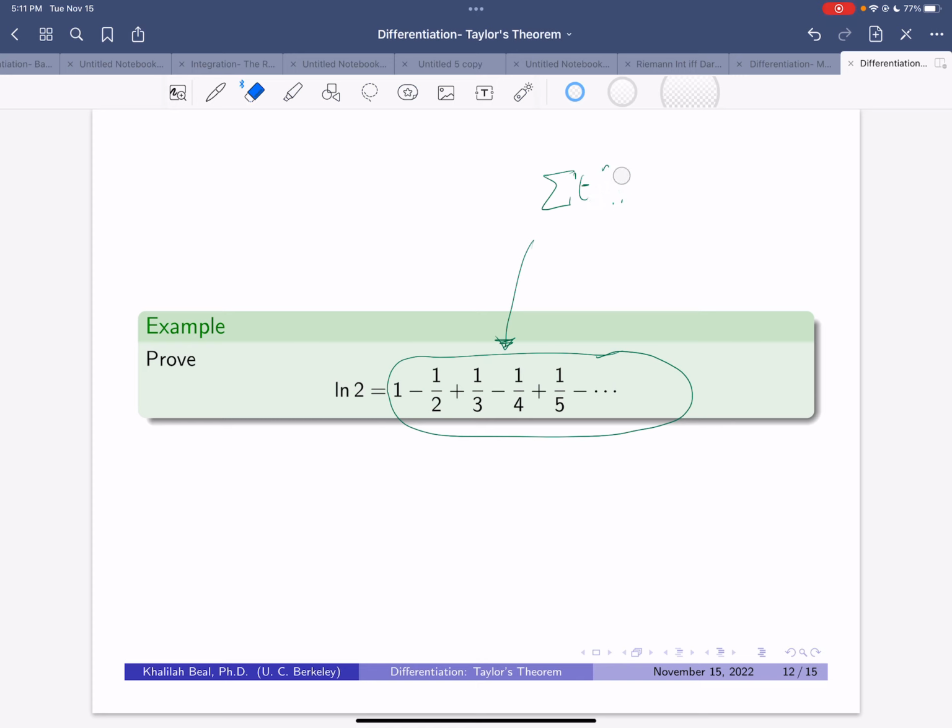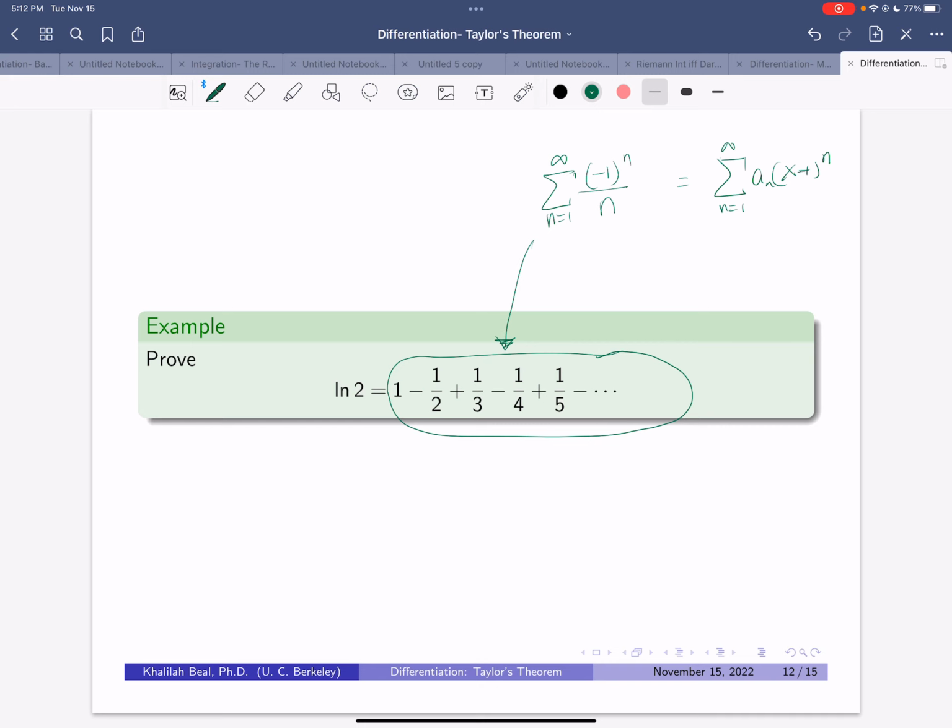So maybe this is the harmonic series, negative 1 to the n over n. Okay. So you've got to make this equal to a power series, a Taylor series, evaluated at some point.